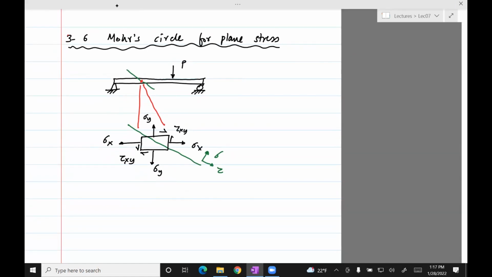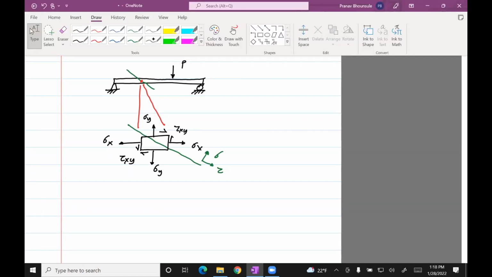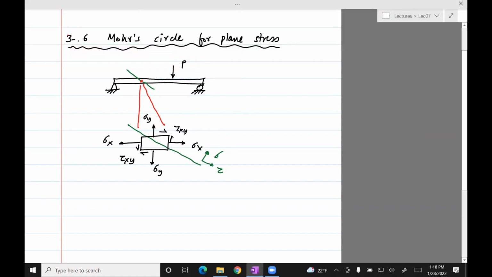What Mohr Circle does is it tells us a method to compute sigma and tau from sigma x, sigma y, tau xy. It tells us how to find sigma and tau.